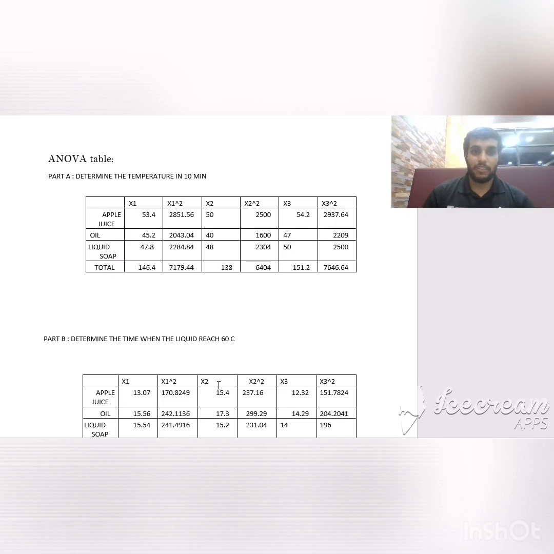Now I'm going to talk about the ANOVA table. We did our experiment, and we found the apple juice will be 53.4, the oil will be 45.2, and the liquid soap will be 47.8. We took all of their total, which will be 146.4, and we squared it.